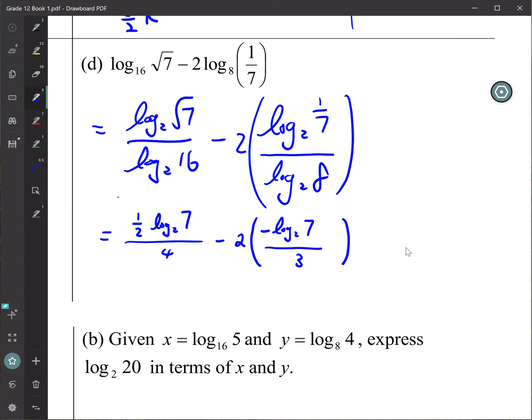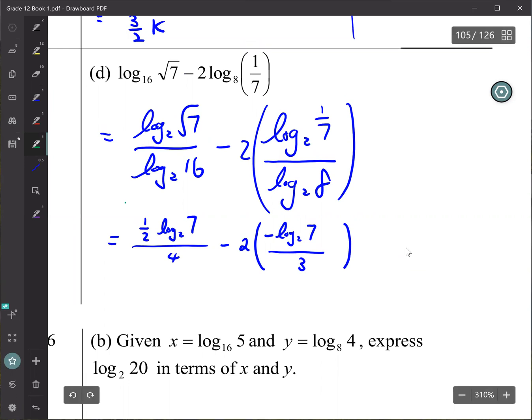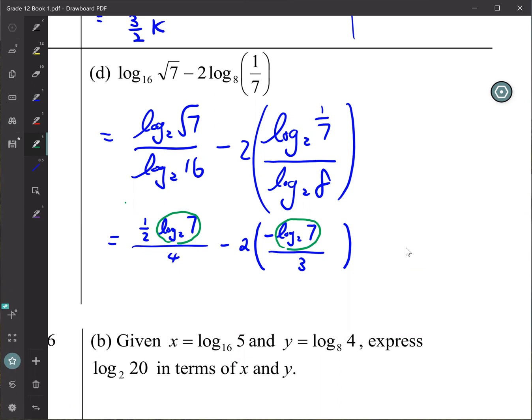Okay, so I think once you get here, it's pretty much almost done, right? Because you can see the log base 2 of 7 here. You can also see another log base 2 of 7. Only when you can see those two alone, then you can start replacing it. So continue, please raise your hand if you get a final answer.